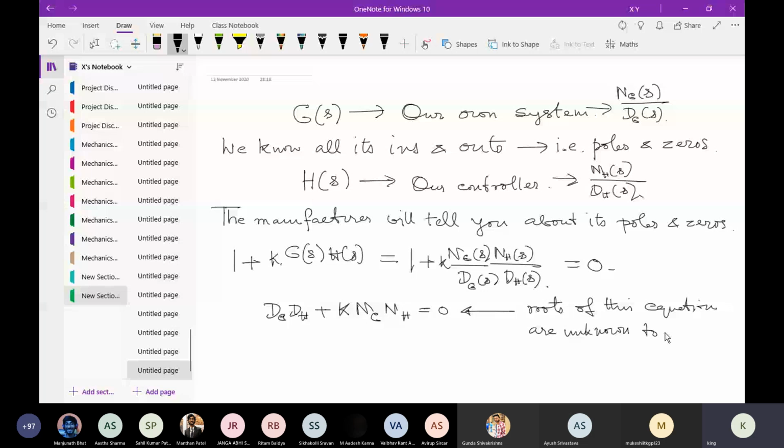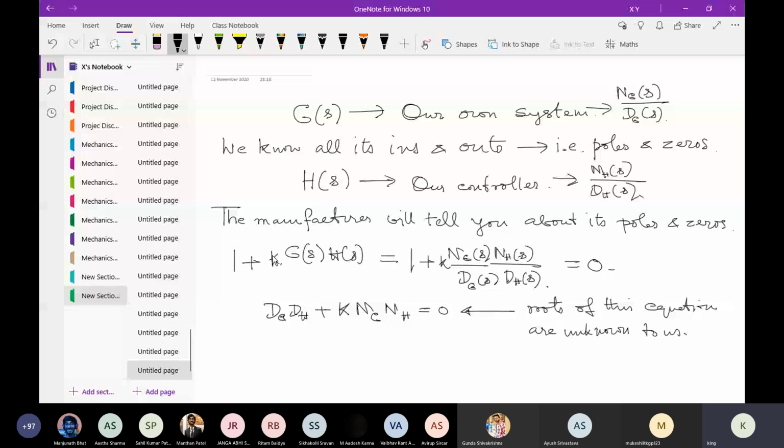Now see what is the advantage that we are now getting. For ease of understanding, take K equal to 1. So you have 1 plus GSHS, all right? From your own experience, you know G completely.